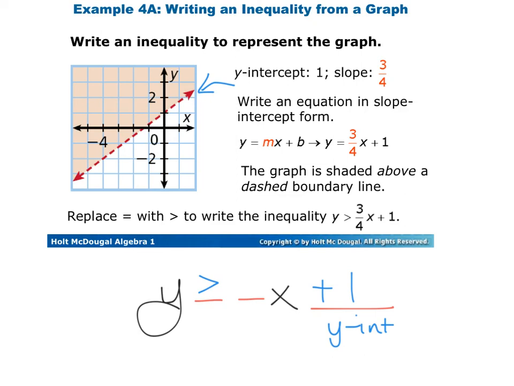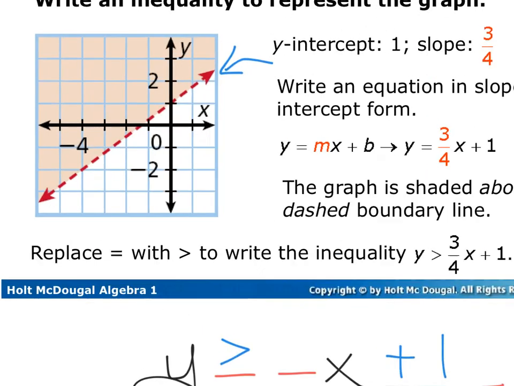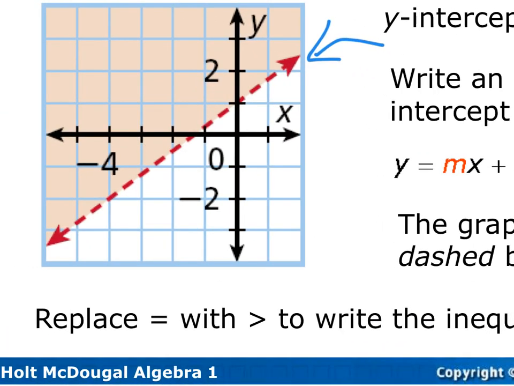Now I have to figure out the slope. So I'm going to count my rise and my run to figure out the slope. I look for points that are in the corners. So see how this one's right here? The next one that I can see that's in a corner looks like it's about right here. So I'm going to count my rise and run. I'm going to go 1, 2, 3, and then 1, 2, 3, 4.